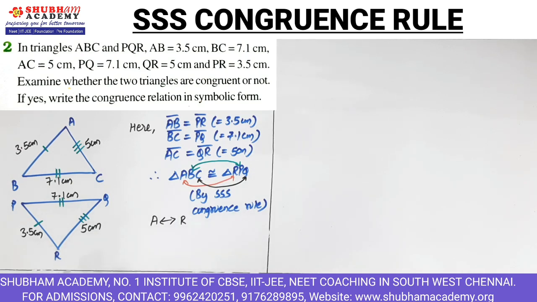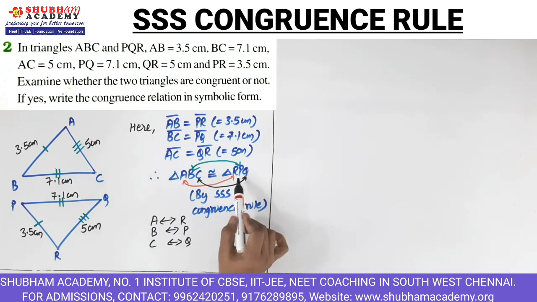A corresponds to R here, B corresponds to P and C corresponds to Q. So through the letters we have written the order. The order gives you the sense of how both the triangles are congruent to each other, which letter of first triangle corresponds to which letter of second triangle. In that way we can understand it in a better way.